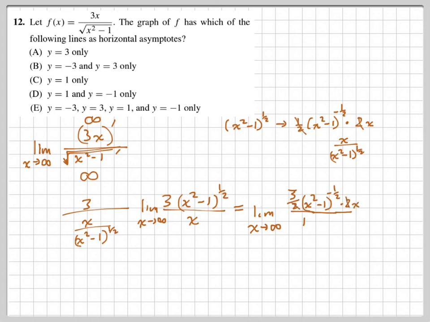The 2 and that 2 will cancel out. It looks like we almost have the same situation happening. This guy is going to go on the bottom, with 3x staying on the top, and then we have x squared minus 1. It's like we're going in circles.